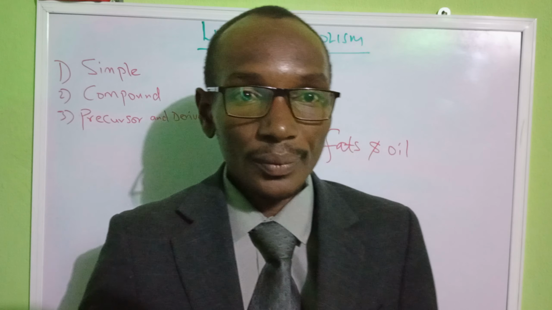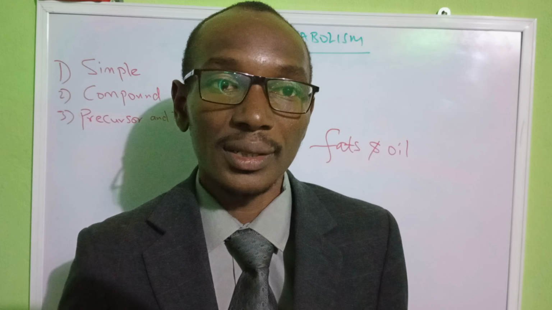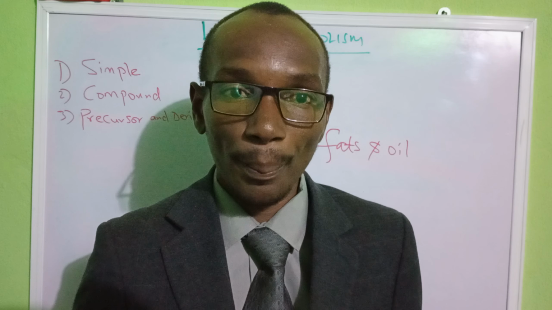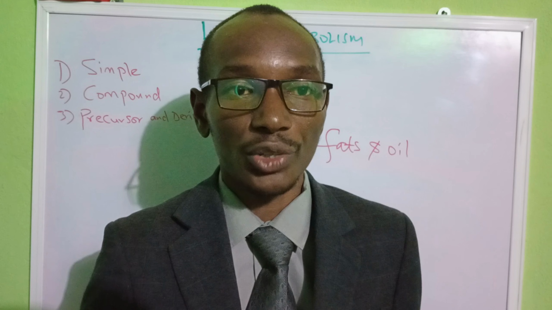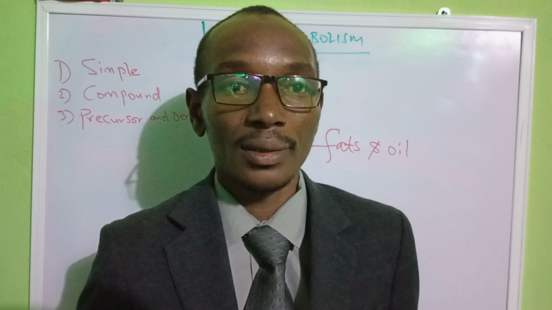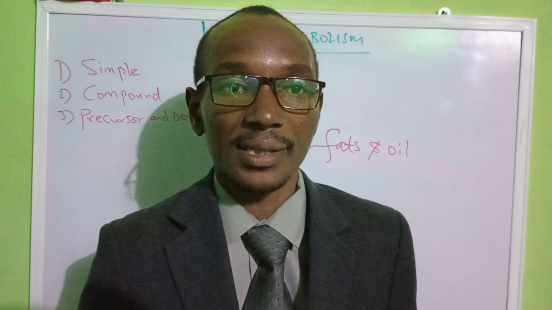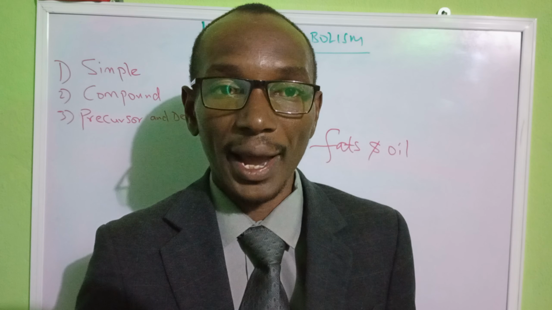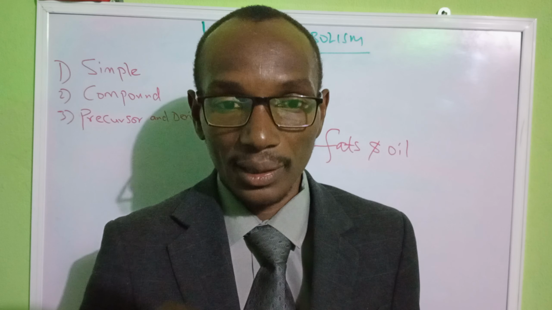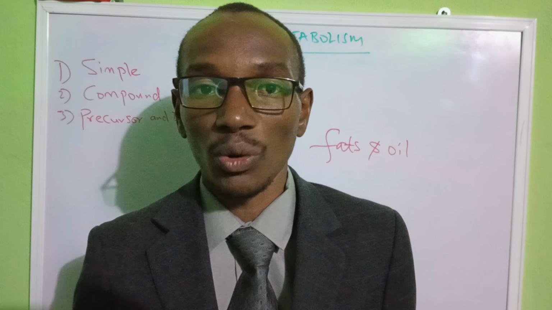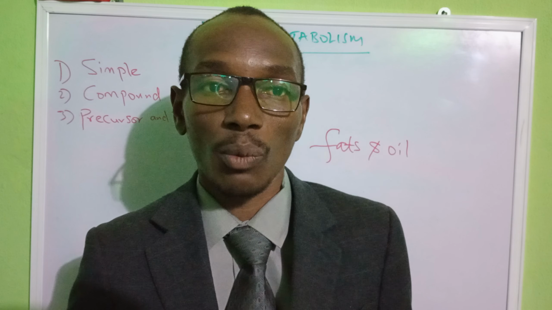Now, the chemical composition of the lipid. The constituents of lipid are complex molecules, such as glycerol and fatty acid. Just like carbohydrate, lipid has carbon, hydrogen, and oxygen, but it contains a smaller amount of oxygen compared to carbohydrate.